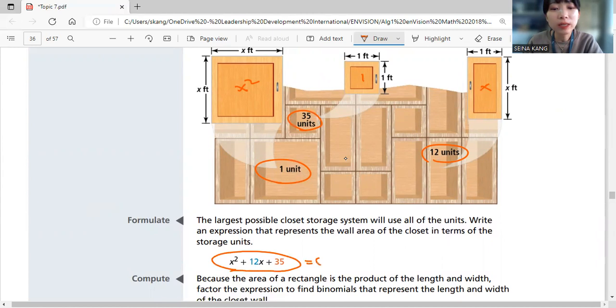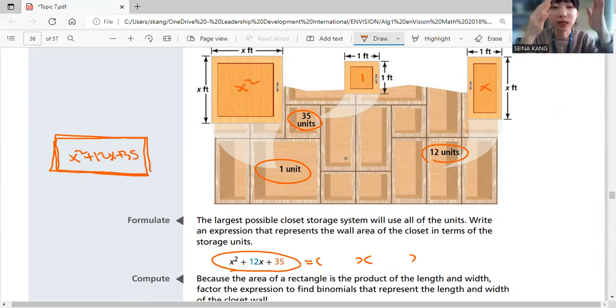But if we factor it out and come up with a pretty binomial, then we can figure out the length and the width of a perfect rectangular storage space that could fit into a wall. So we want to figure out, this x squared plus 12x plus 35 all needs to go in the area of that. But why are we factoring?